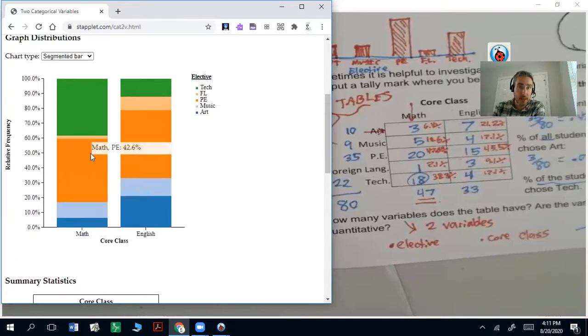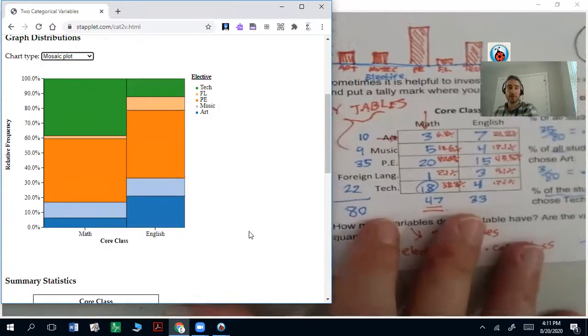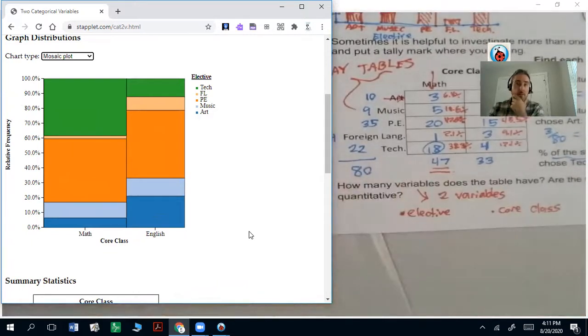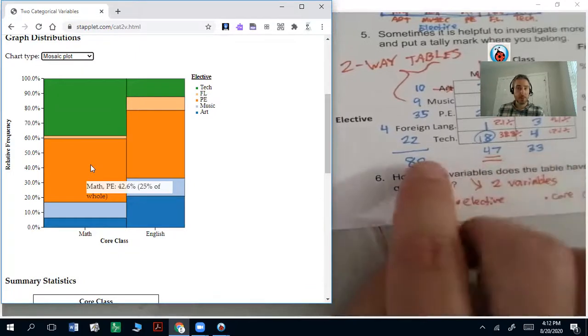All right, so let's look at what we call a mosaic plot. Now, a mosaic plot is going to proportionally represent how many math people, in this case, are representative of the whole population. If you look at these two numbers down here, you have 47 math and 80 people.